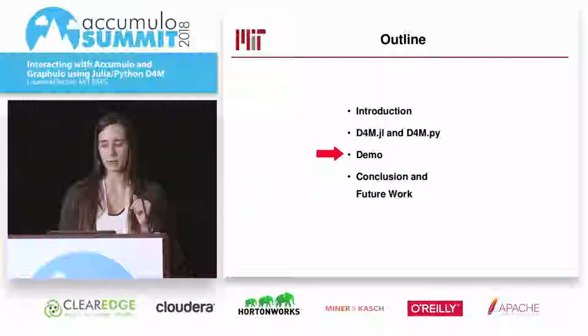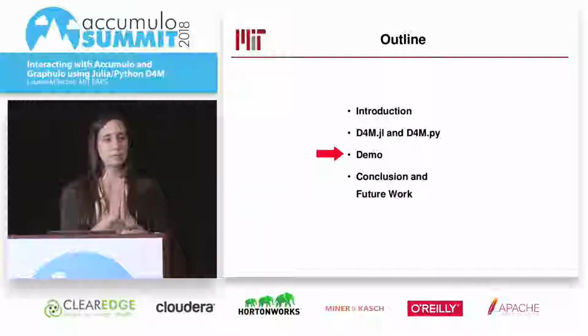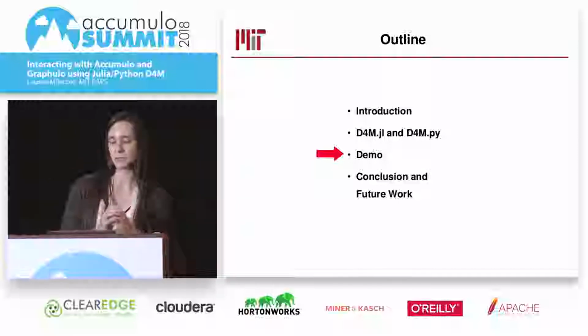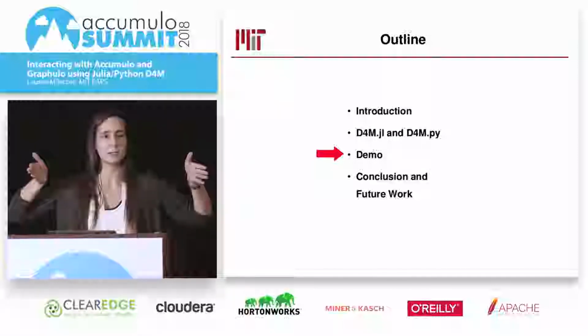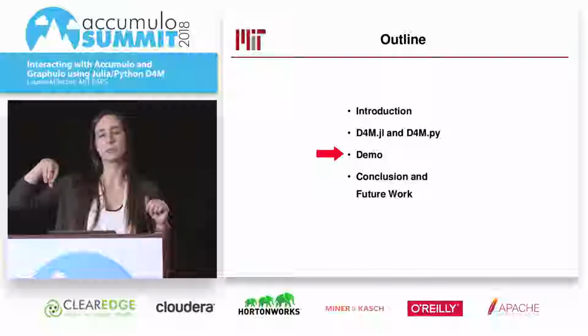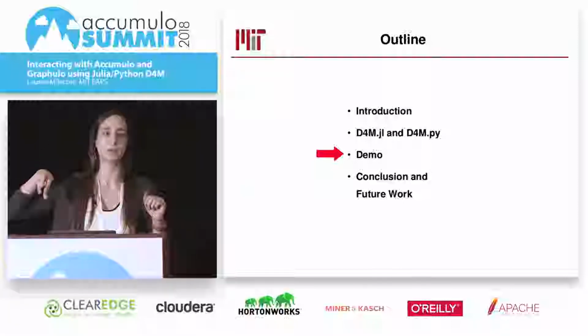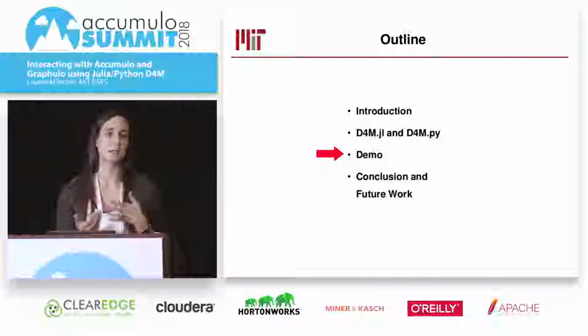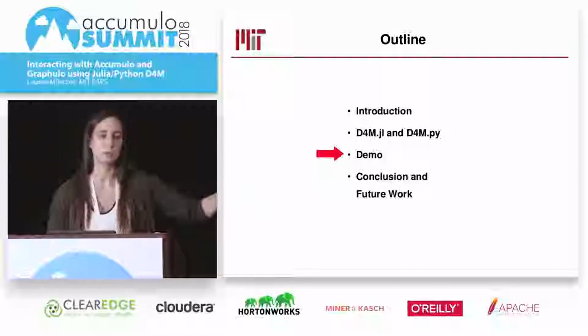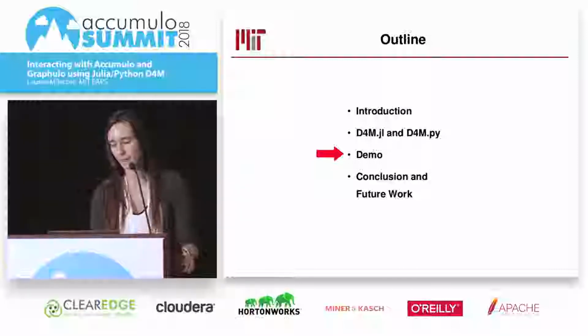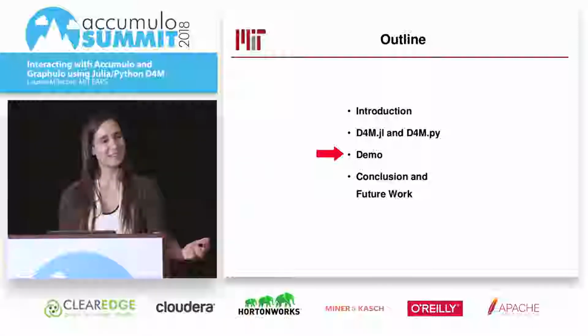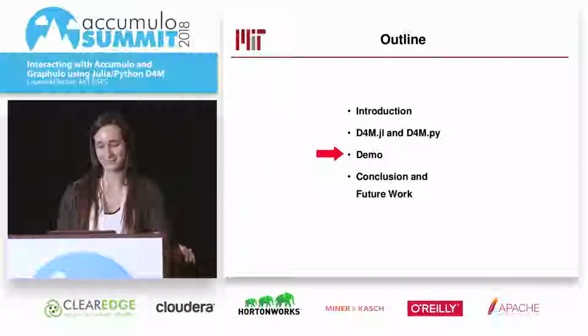In a D4M string, because it started out in MATLAB, that's one of the reasons it's formatted like this, we put everything together in a single string, and the last character is the delimiter. You can choose whatever delimiter you want, depending on your data. For the sake of a demo, a comma is a nice delimiter to use. But if you're using free-form text data that has commas in it, it's not a great one to use. So that's what that's about.